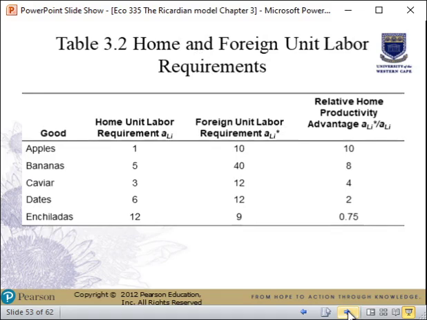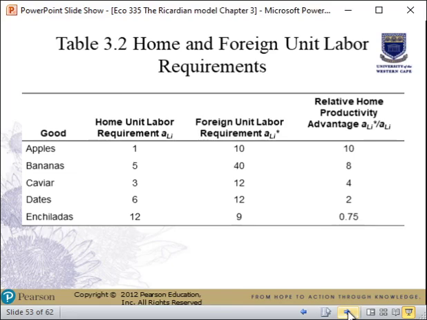Suppose there are five goods, namely apples, bananas, caviar, dates, and enchiladas, produced in the world. Data on the unit labor requirement and the relative home productivity is illustrated in the table below. With specialization, there exists a cutoff line against the ordered goods which is determined by the ratio of the two countries' wages.